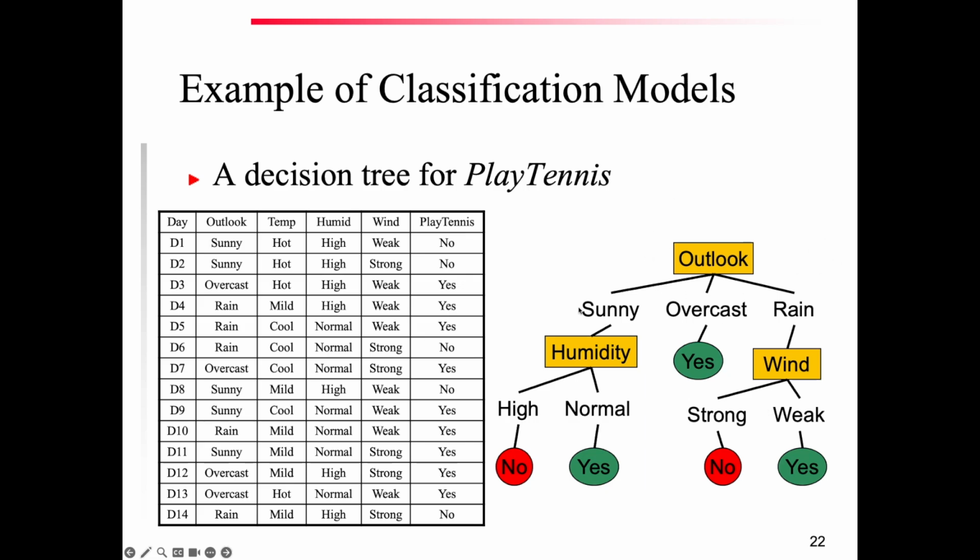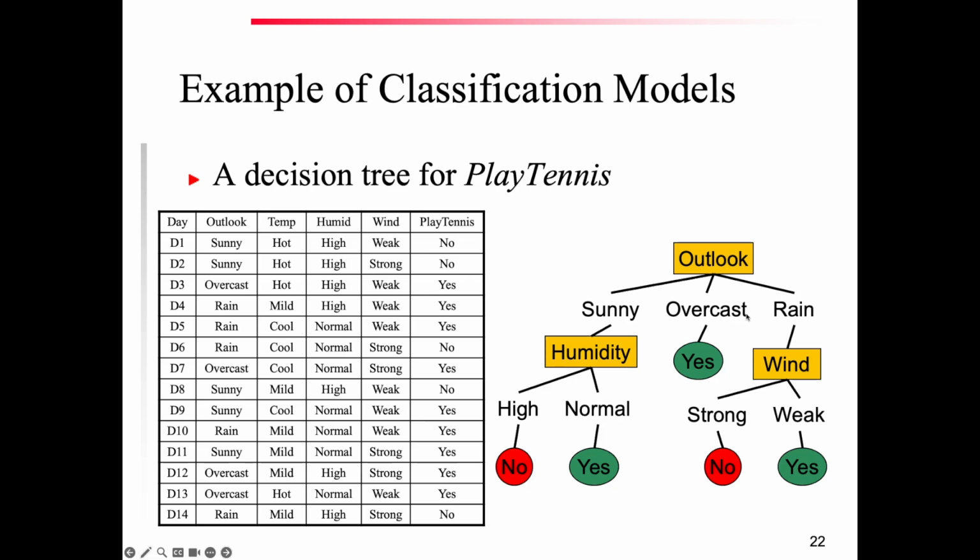Here was the example I was talking about. For example, based on the information on this table, if the weather is sunny and humidity is high, are you going to play tennis? No, you don't go. So if it's rainy, what do you do?